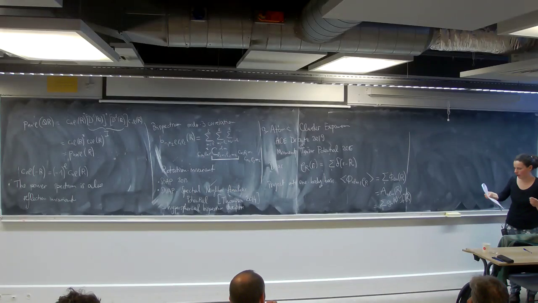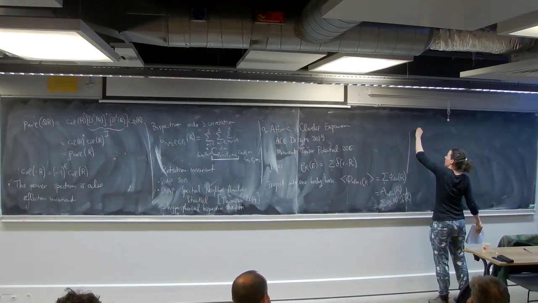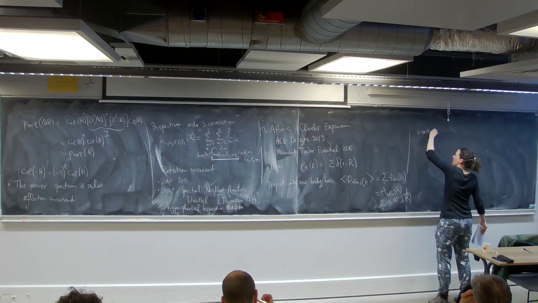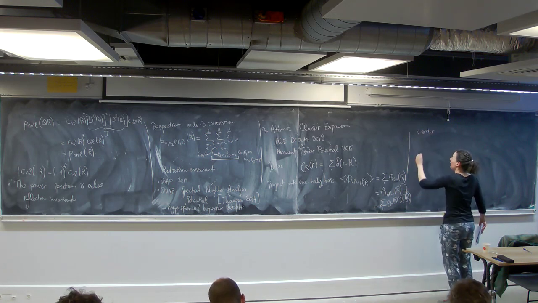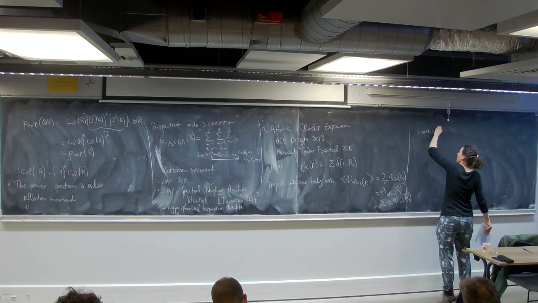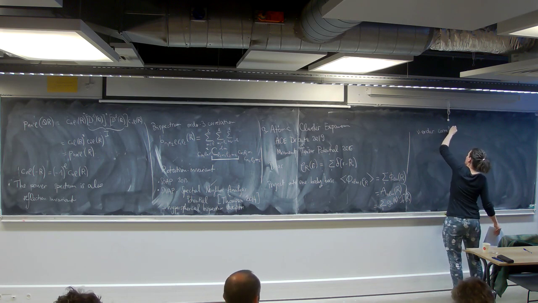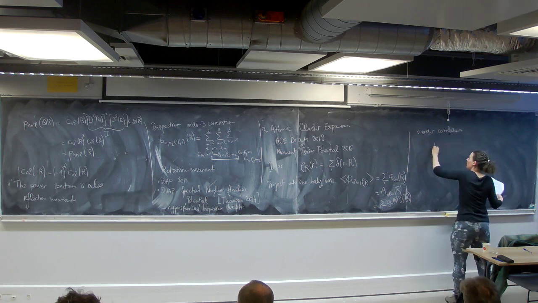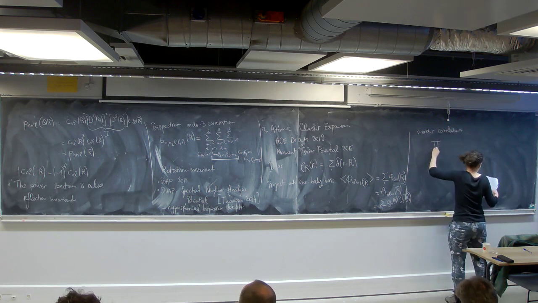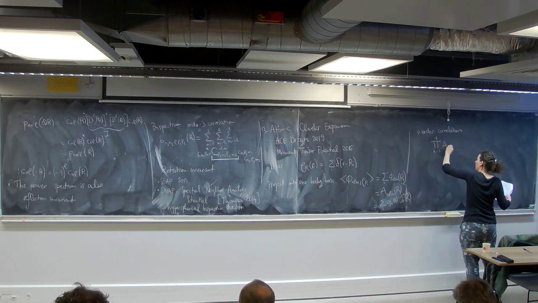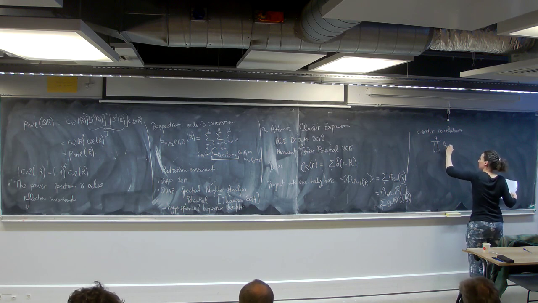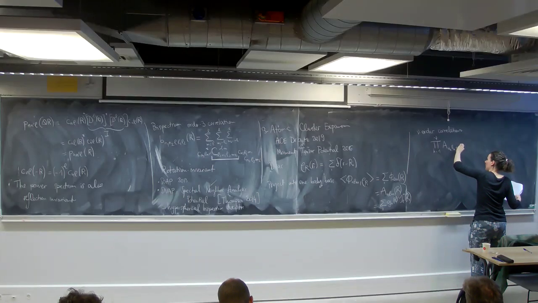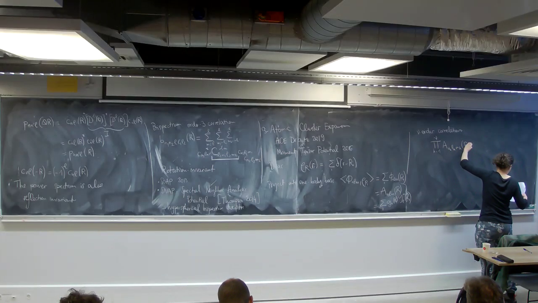And then we consider nu-order correlations, which are basically products of such quantities. So these will be the product for k equal 1 to nu of A_{n_k l_k m_k} of R.